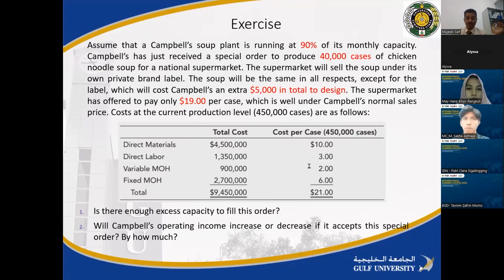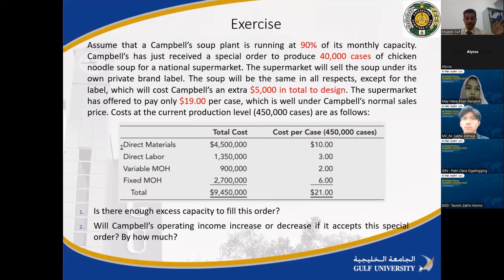Here is the information regarding our current situation. We currently produce 450,000 cases or units.